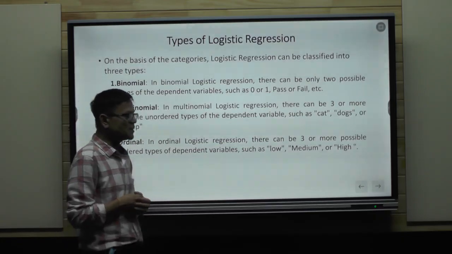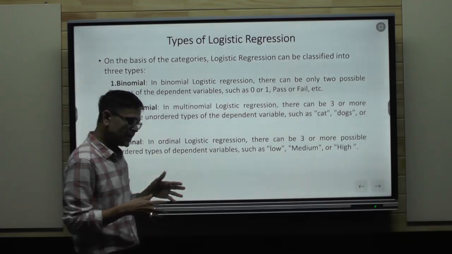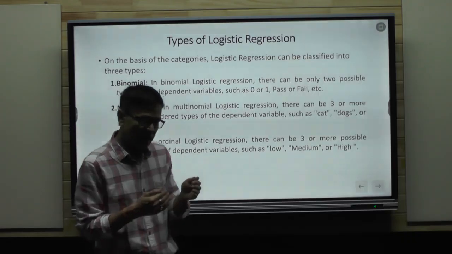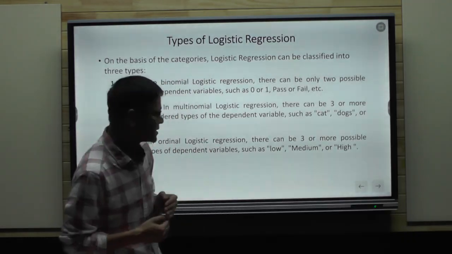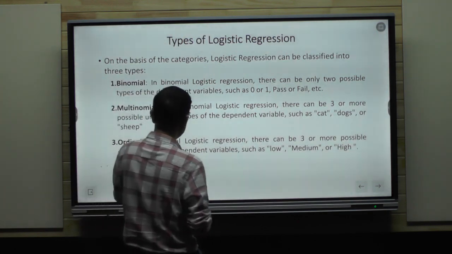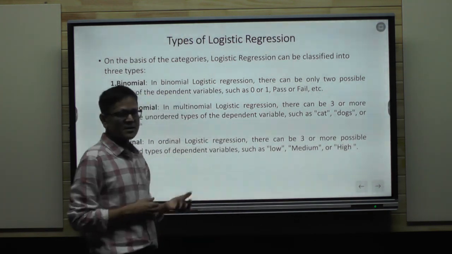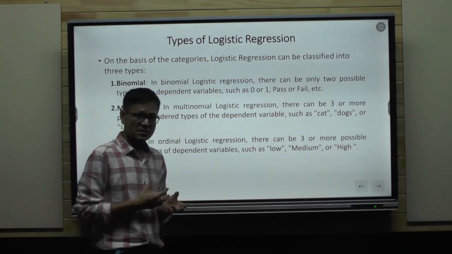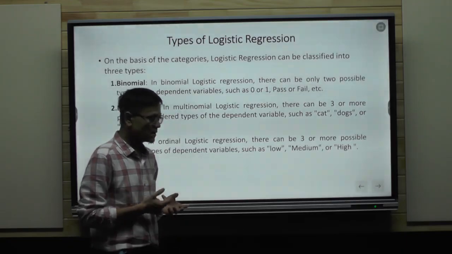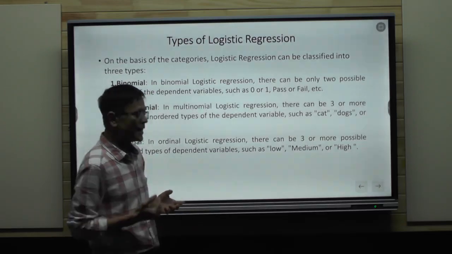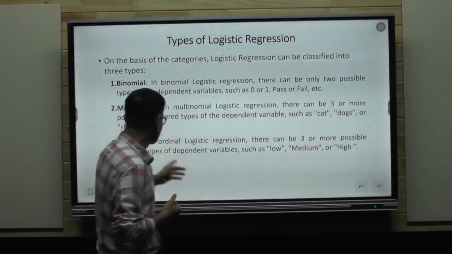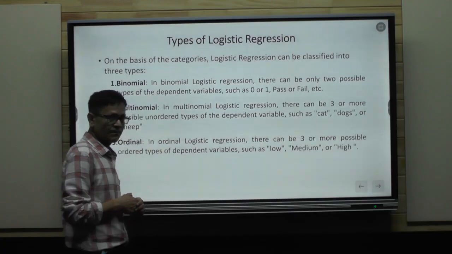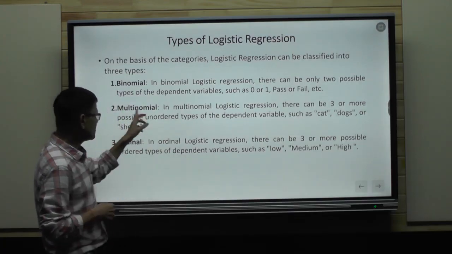Multinomial classification is where you stay in the same class, but there are divisions within the class. For example, you are predicting something like animals, pets. But inside that, there is a category called cat, dog, or sheep. And that is multinomial.